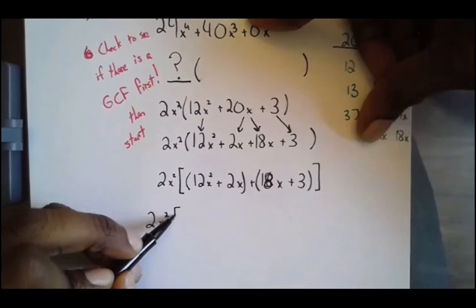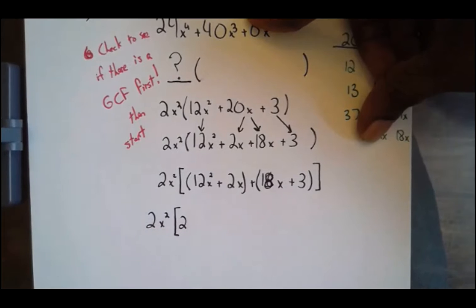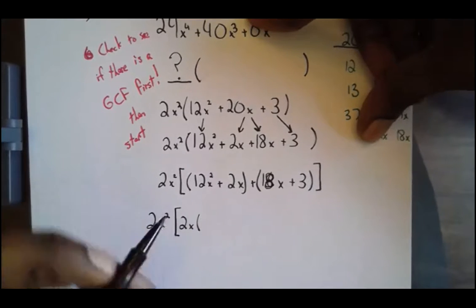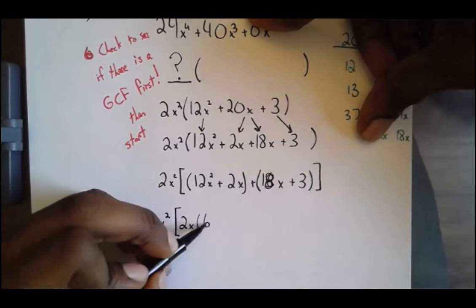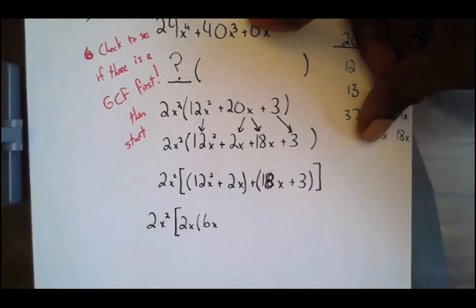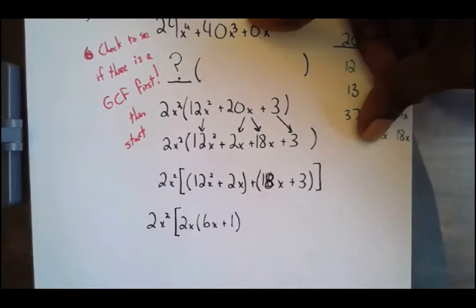So what I'm going to do is put that parentheses there, but put it on the outside like that. See how I did it? Yeah. 2x, so 2x times what is 12? 6x. Madeline, that looks right. And 2x times what is 2x? 1. 1, close the parentheses.